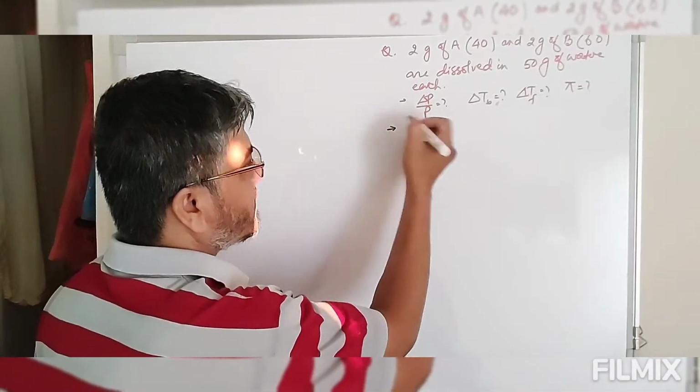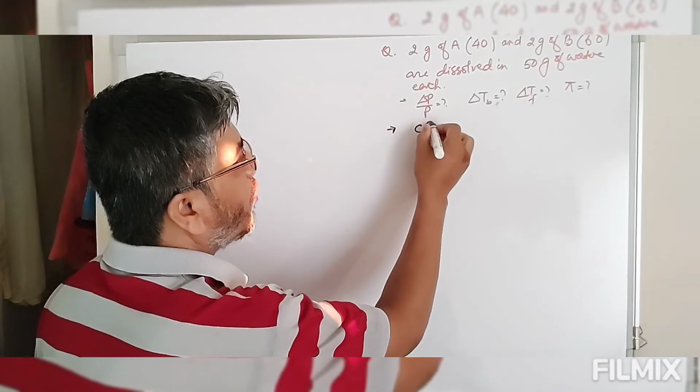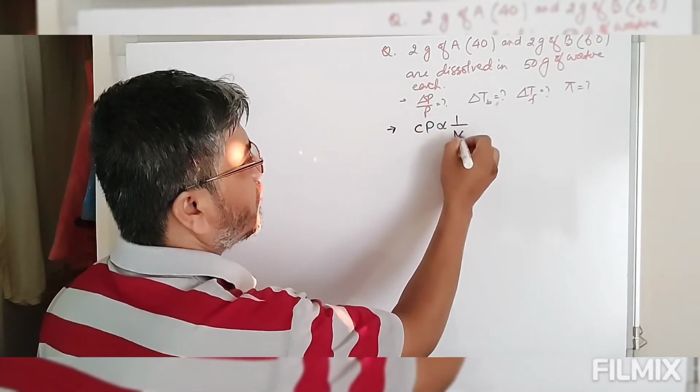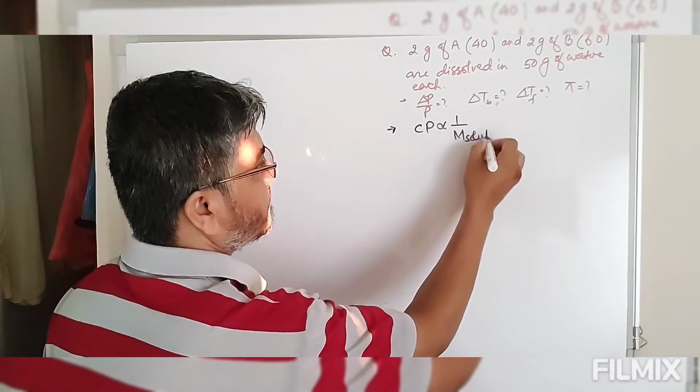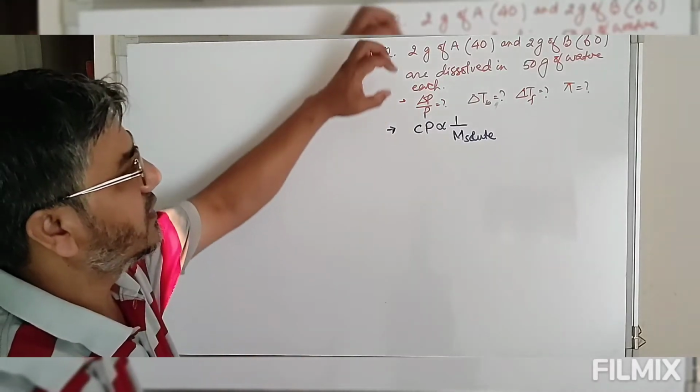So while discussing colligative properties, we have gone through this particular point, that all colligative properties are inversely related to the molecular mass of the solute. So now look at this.